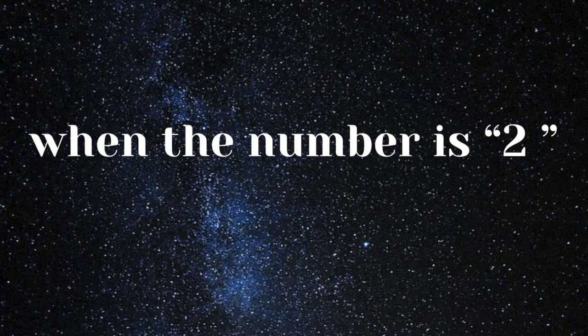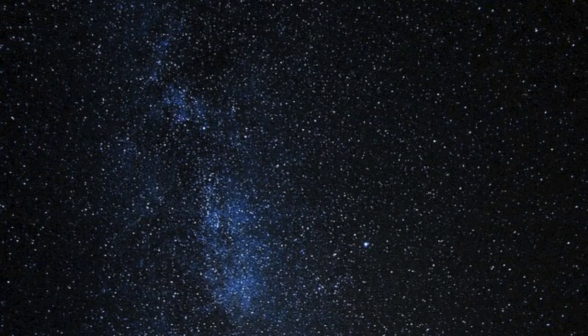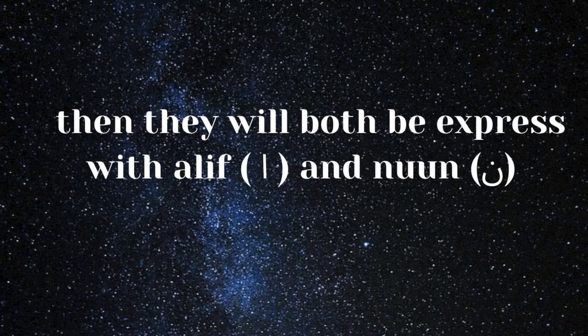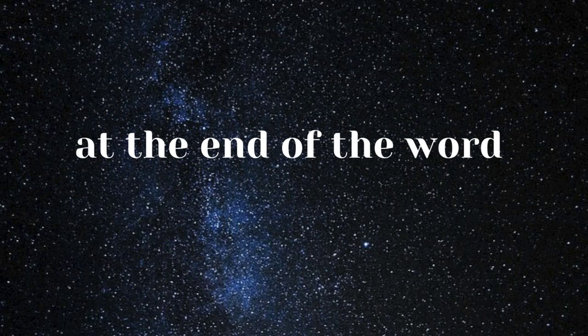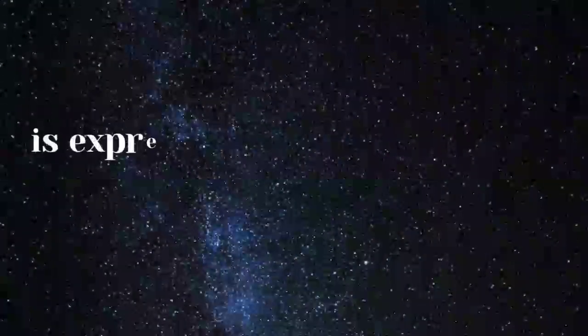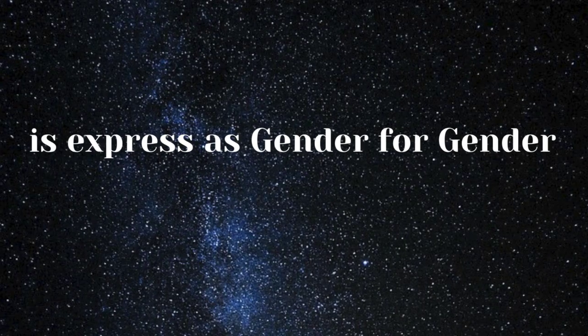So the second case is if the number is 2 and the countable noun is also 2, or there are 2 objects, then they will both be added with an alif and a nun at the end of the word, while the nun takes a kasra sound, and could also be expressed in gender-for-gender form.